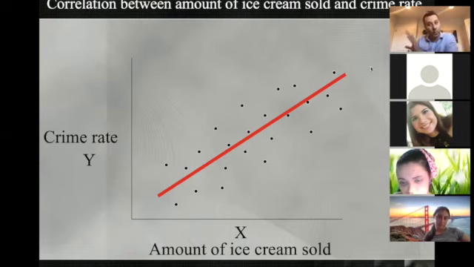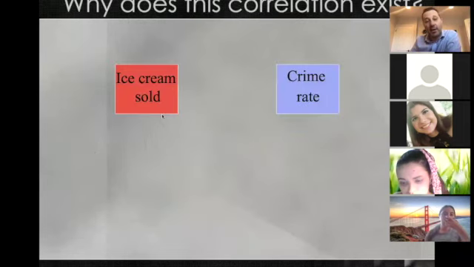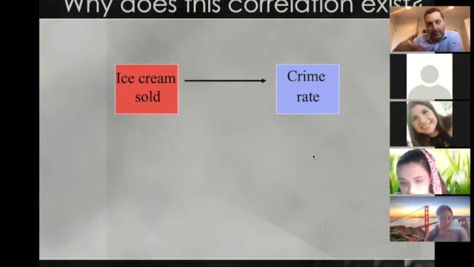So given what we know about the reasons for correlations, let's look at some possible explanations for why that might be the case. Okay, so our variables X and Y are going to be the amount of ice cream sold and the crime rate for that city. So the first possibility is that variable X causes variable Y. In that case, that would mean something like maybe there's some chemical in the ice cream that when people eat it, it leads them to go into murderous frenzies and commit all sorts of crimes, right?